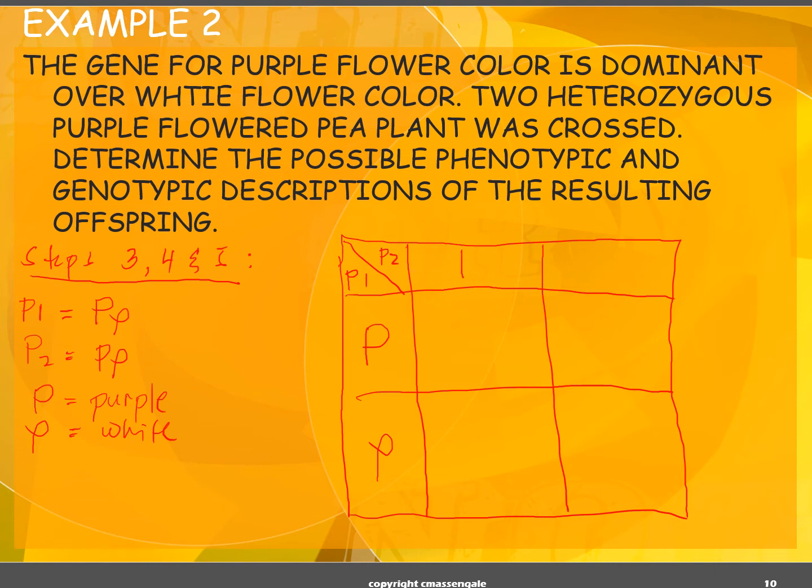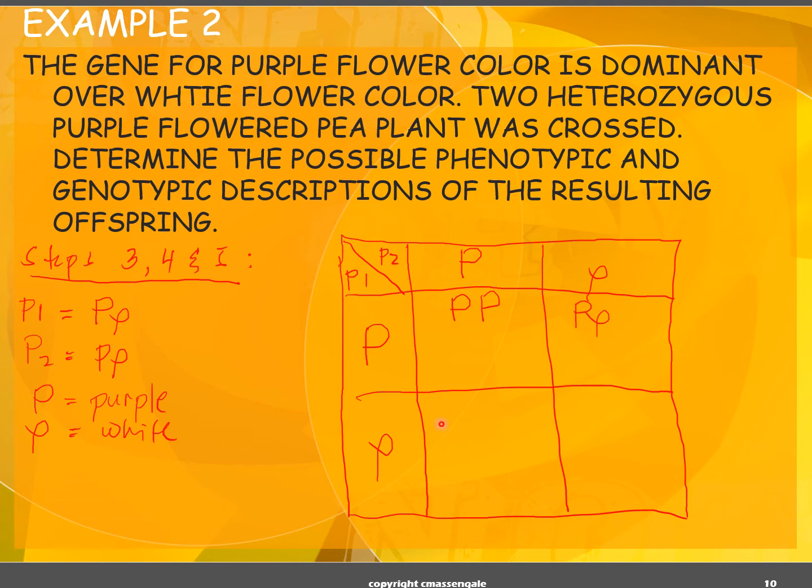So capital P and then small letter p. And then after that, we will now plot and cross. So eto muna tayo. Capital P, capital P. So let's write down here the answer. Capital P, capital P. Next, this one. Ito naman yung isulat natin. So we have here capital P and small letter p.